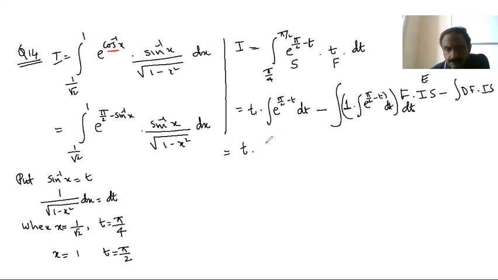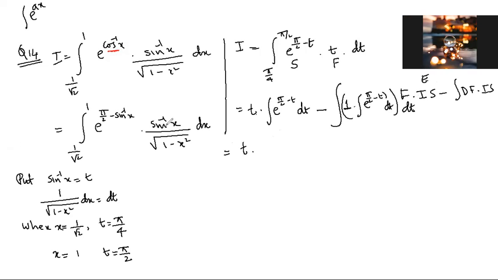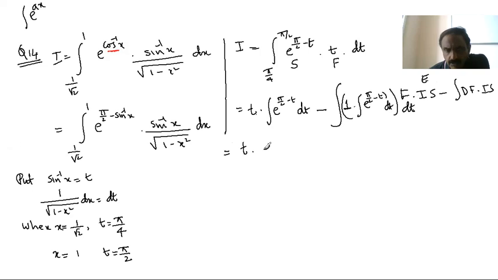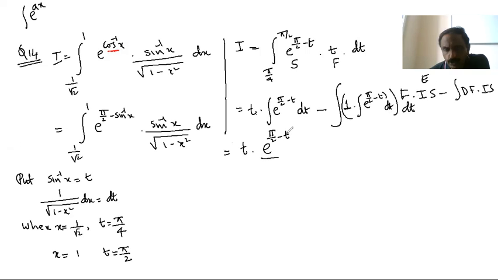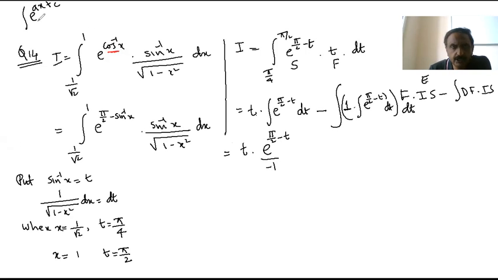What will be the answer for this? What is integral of e raised to ax? e raised to ax upon a. So in that case, this will be e raised to pi by 2 minus t upon minus 1. Coefficient of t is -1, so this is a number. Suppose I write e raised to ax plus c, my answer would be e raised to ax plus c upon a.